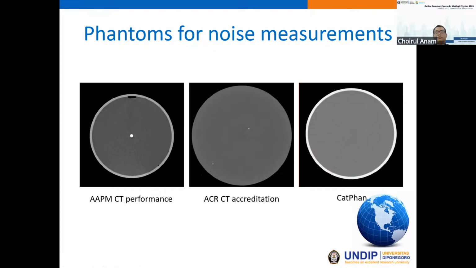We can also use phantoms from our vendors, GE, Siemens, Philips, and so on. And then we place the ROI in the homogeneous region.